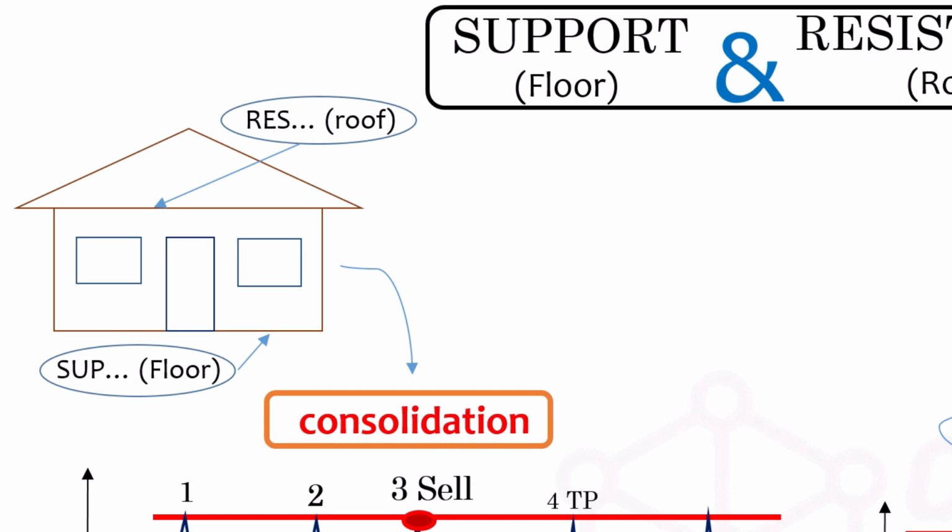Now, the house has a floor, and it also has the roof. So I want you to imagine you have a bouncing tennis ball, the rubber kind, in your hand. You take the tennis ball and throw it with some maximum pressure to the downside.